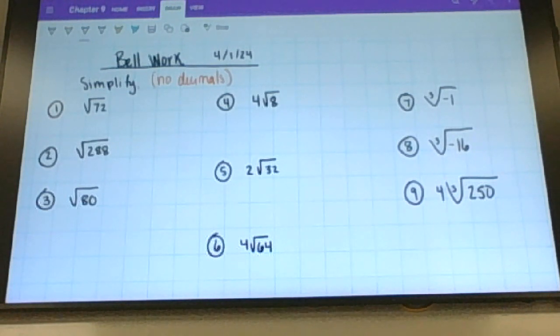No decimal answers. So I just need simplest radical form. So I have to look at this number and think, can this be divided by a perfect square?